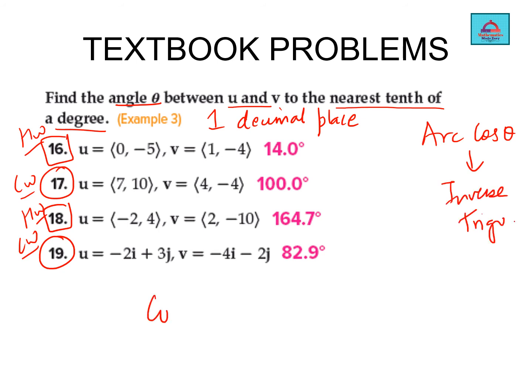So remember, cos of theta is equal to u dot v in the numerator divided by the magnitude of u multiplied with the magnitude of v. So we are going to do it stepwise. We'll first calculate the dot product, then we'll do the magnitudes, divide them, get a number here, and in the last step use inverse trigonometry. So let's go on to the next slide and do 17 and 19. Stay glued and let's solve it together.